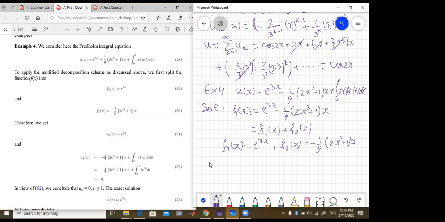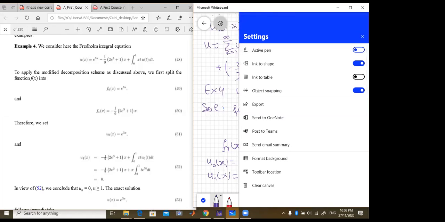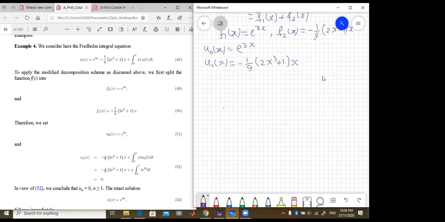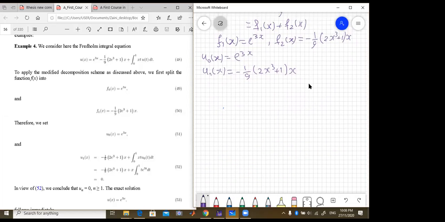So as we know, u0(x) is f1, which is this. u1(x) equals f2 minus 1/9 (2x³ + 1)x, and u2. So I just need these two functions.